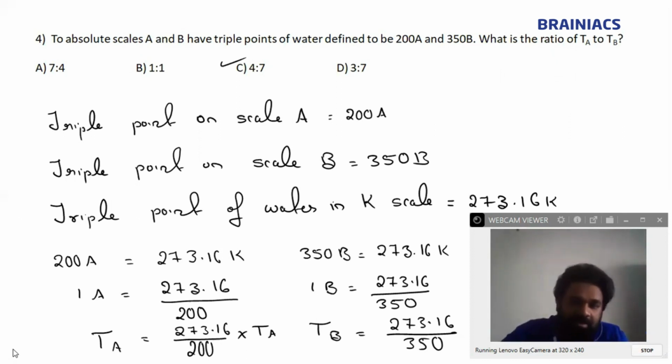Now 200A is equal to 273.16. We take one unit, then multiply with the value TA, and do the same for TB. Then since they are triple points, we equate them and solve. Clear?